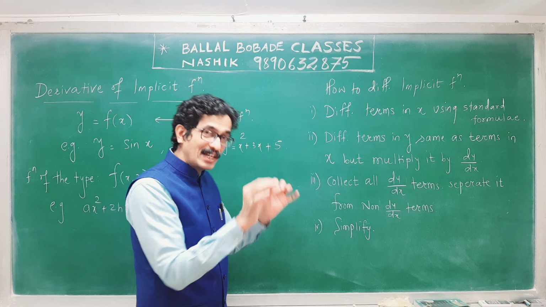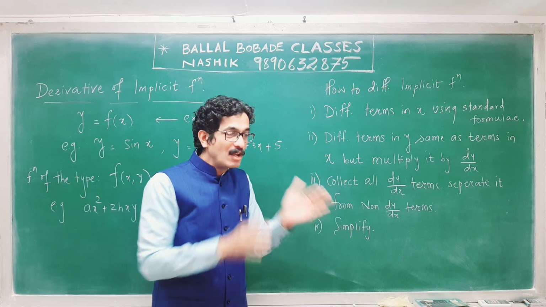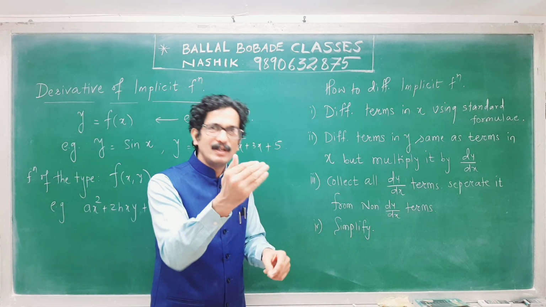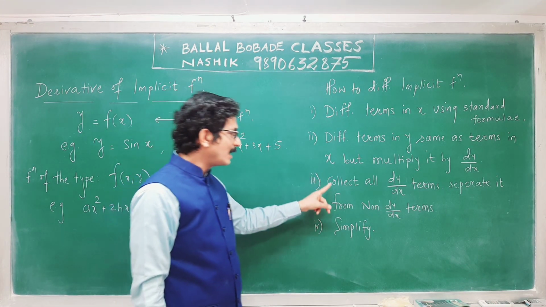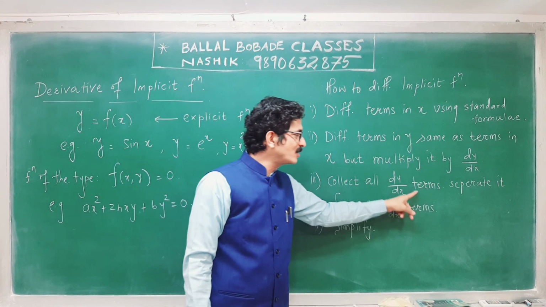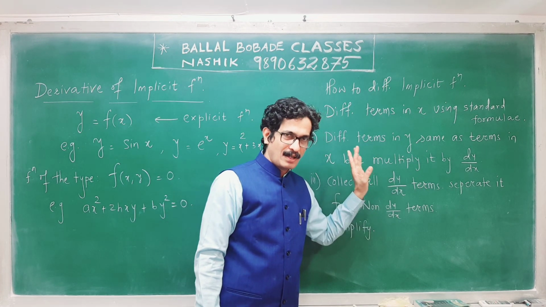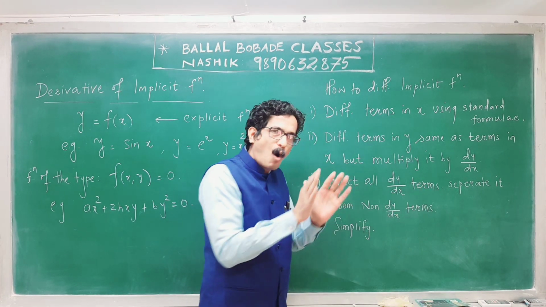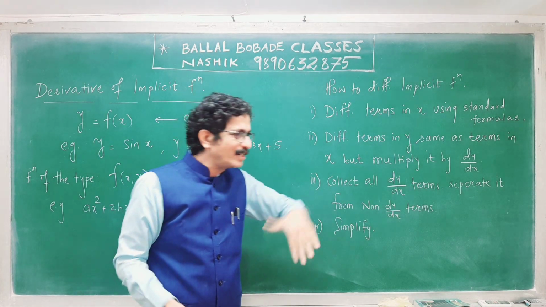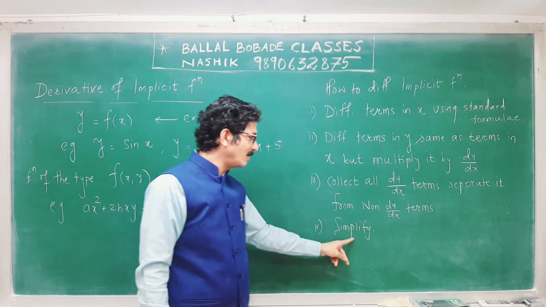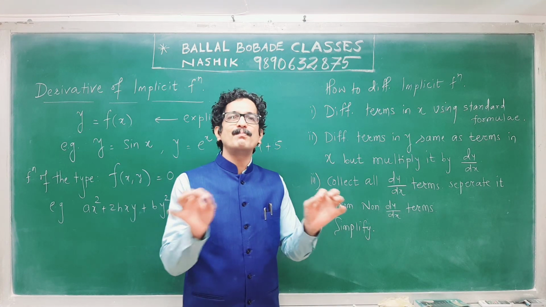Understood? If it is sin y, its derivative is going to be cos y into dy by dx. Alright, after that you collect all dy by dx terms together and separate it from all non-dy by dx terms. So two things are separated, send it to the right side, and the last thing you can do is simplify.